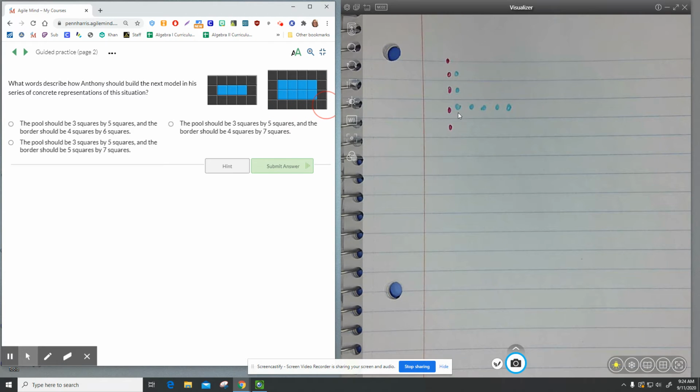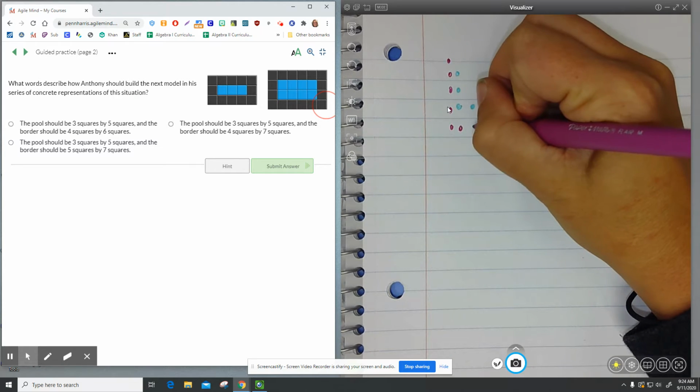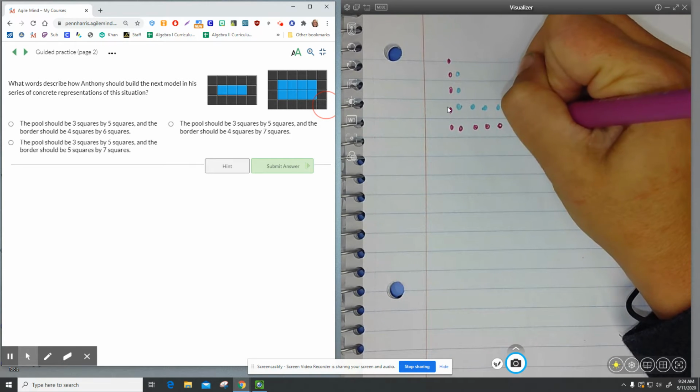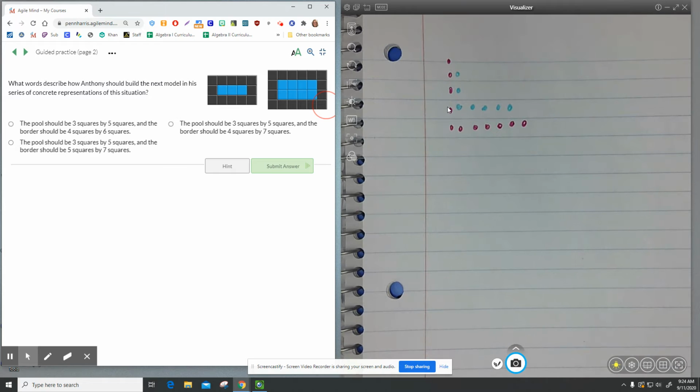And on the bottom, he would have 7. Again, it goes up by 1 each time: 3 with a 1, 4 with a 2, and 5 with a 3. So with that, we would choose a 3 by 5 rectangle pool with the border being 5 blocks by 7 blocks.